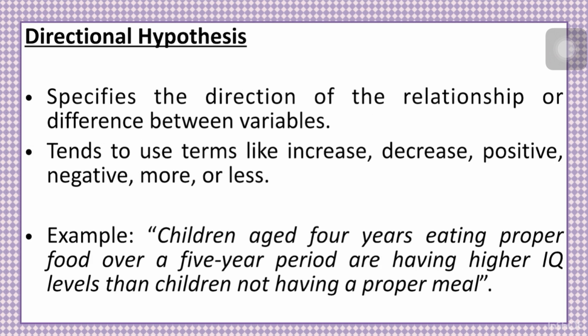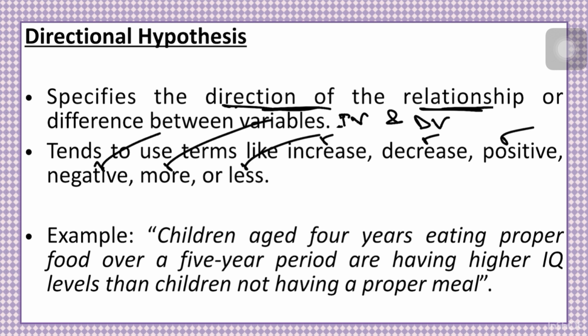Going further, we have the directional hypothesis. Over here, we give the direction of the relationship between our independent and dependent variables. Usually, the terms used while framing the hypothesis are increase, decrease, positive, negative, more or less.